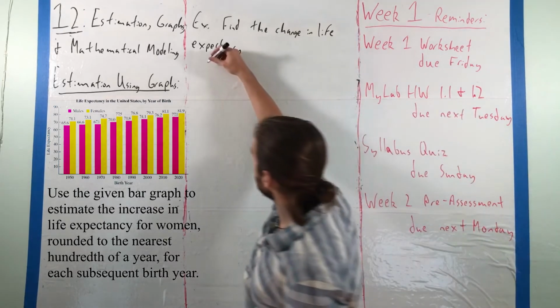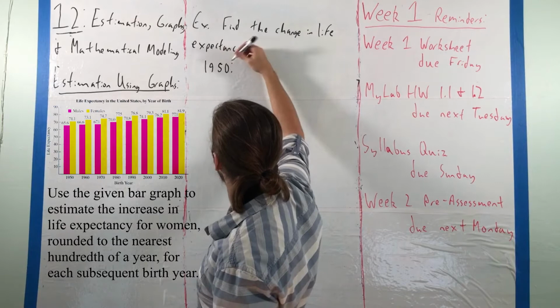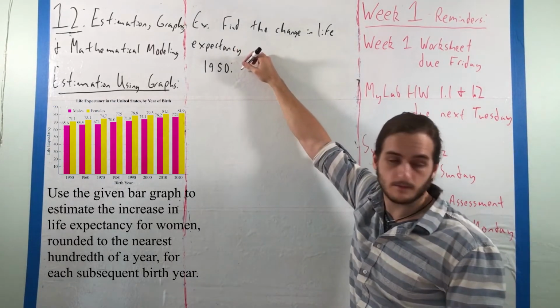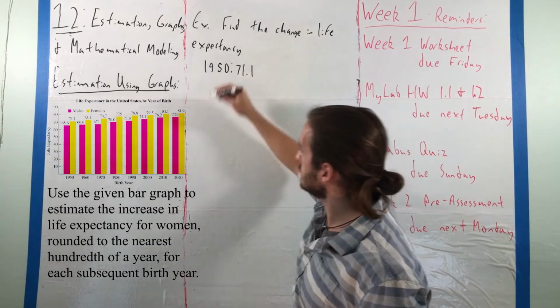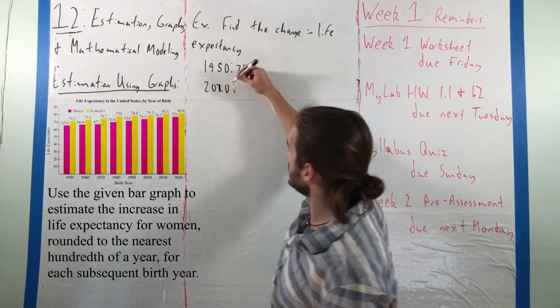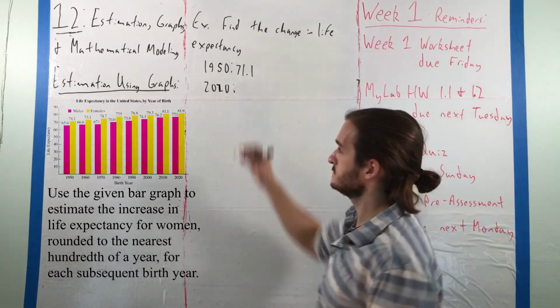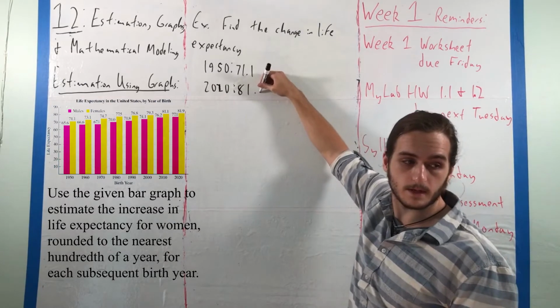So in 1950, the life expectancy for women or females was 71.1, while in 2020 it was 81.9 years.